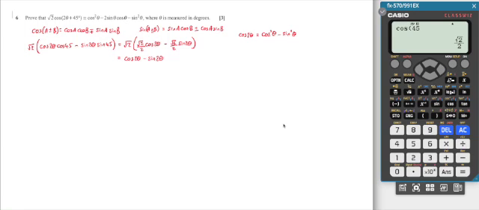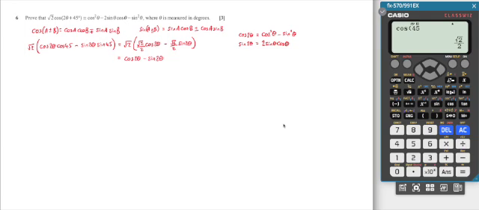Let's go for sine A plus B and make that into the 2 theta. So sine 2 theta is sine A cos A plus cos A sine A, or 2 sine theta cos theta. So let's pop these in.